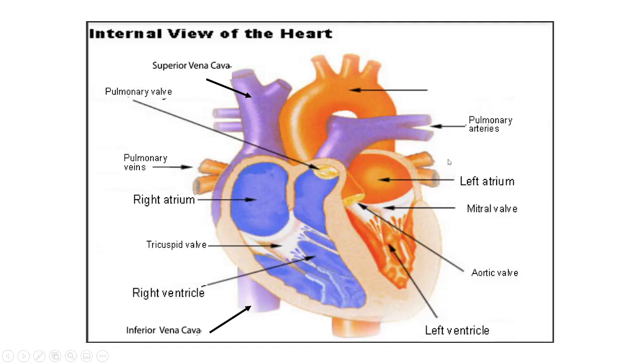And the pulmonary veins will transport the blood from the lungs into the left atrium, through the mitral valve, which is located here, into the left ventricle. Then when the left ventricle contracts, it will push the blood through the aortic valve into the aorta, also known as the arch.